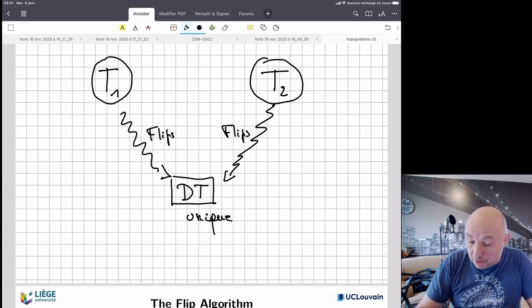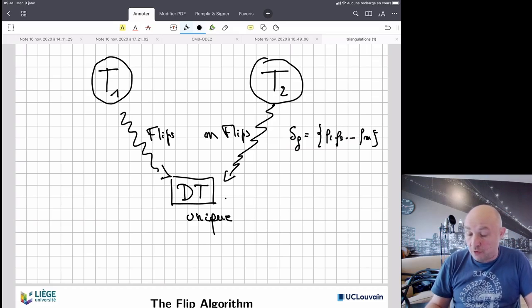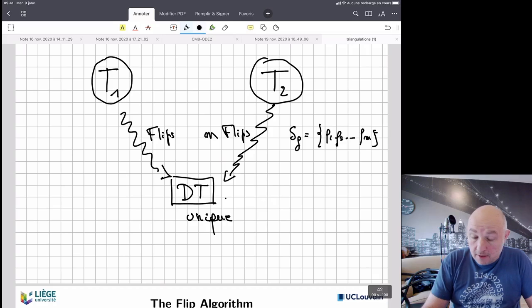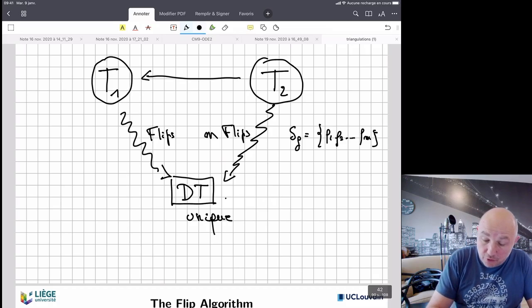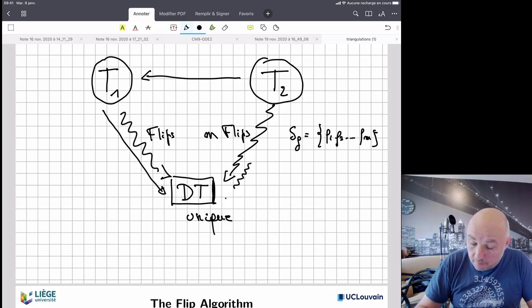So, for example, to go from T2 to the Delaunay triangulation, you have a sequence of flips, F1, F2, up to Fm. You use m flips to do that. And so if you want to go from T2 to T1, what do you do? You go from T2 to the Delaunay triangulation, and then from the Delaunay triangulation you do the reverse sequence of flips.